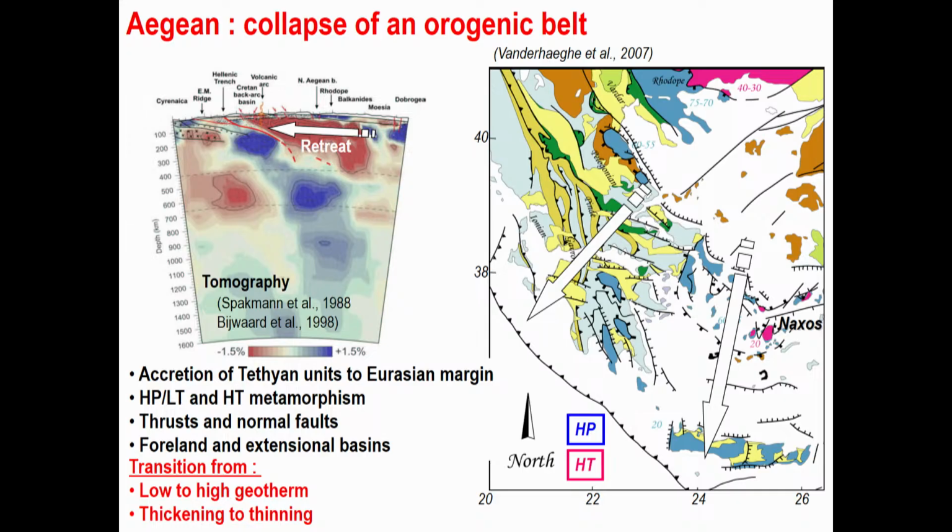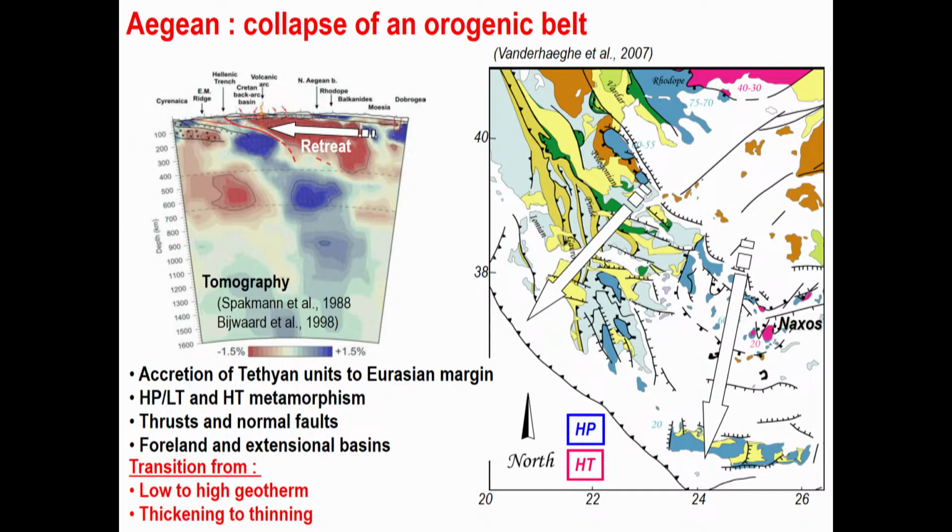The green ones are representing sutures. That's one suture, which is called the Vardar suture to the north. And then here is the Pindos suture in the middle of the Aegean. It has been debated whether these represent two different oceanic domains or the same one that has been refolded and forming a single nappe.